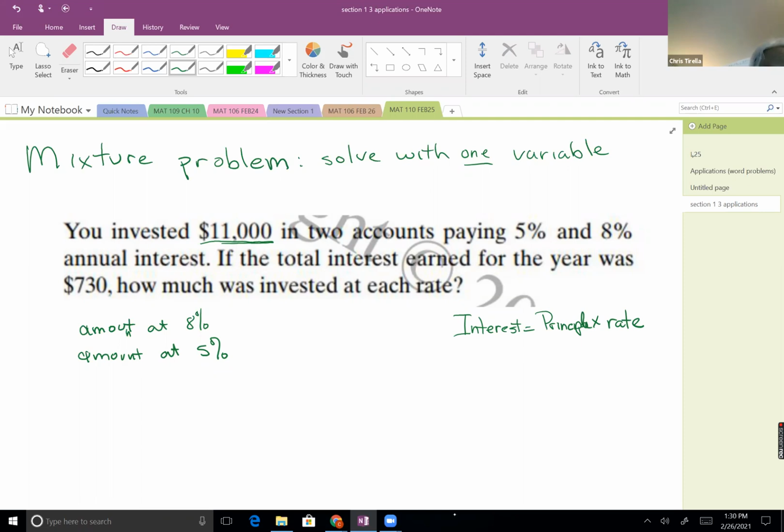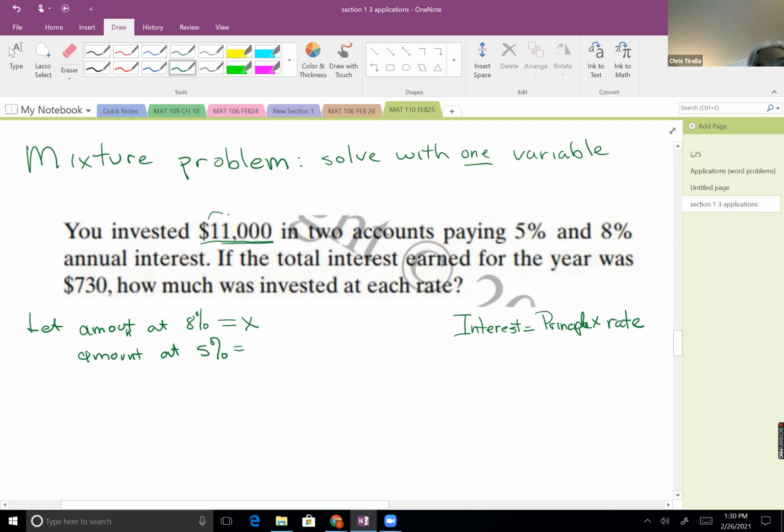I want to solve this algebraically. So I'm going to let the amount at 8% equal X. And now with mixture problems like this, we want to write an expression in terms of X for how much money is invested at 5%.